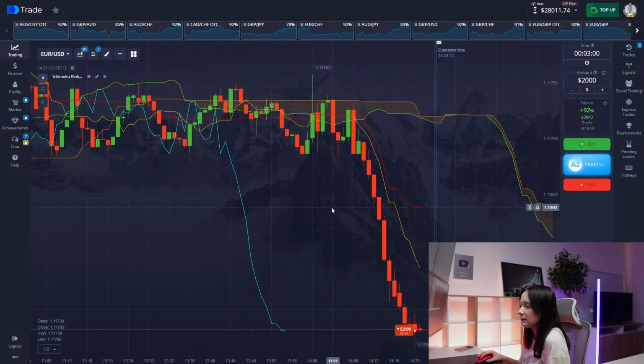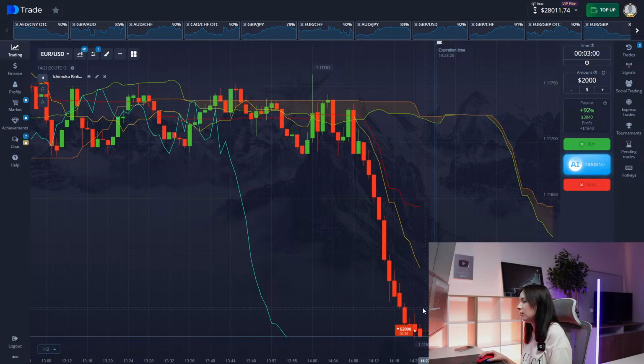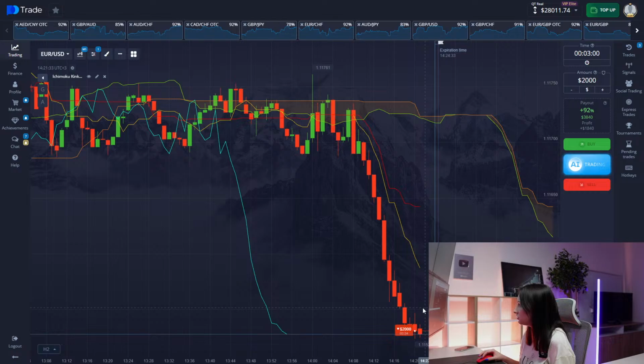So euro US dollar is really influenced by the news, and is really just thinking what to do, because remember, just recently there was a release of a Fed report about the change of interest rate by 1 to 2%, and it really influenced, of course, the economy of our world.